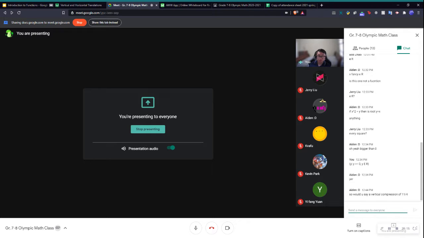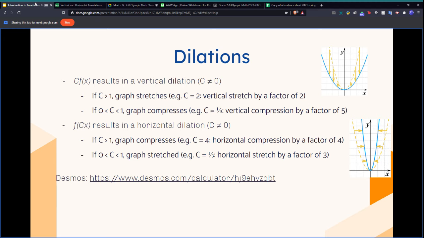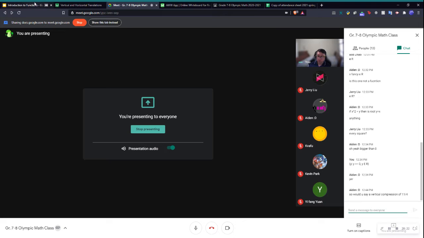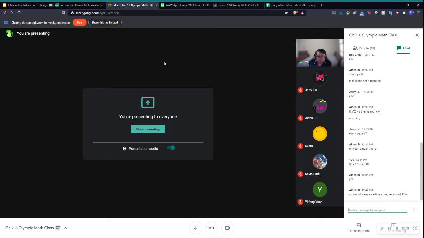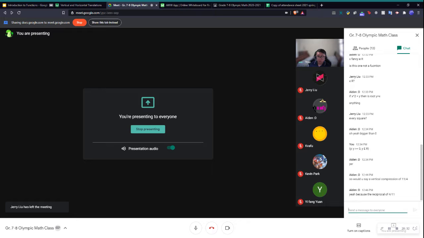Oh, Aiden has a question. So would you say a vertical compression of 11 over 4? Not sure what you mean. Oh, so if you have c is equal to 4 over 11 or something? Yeah.